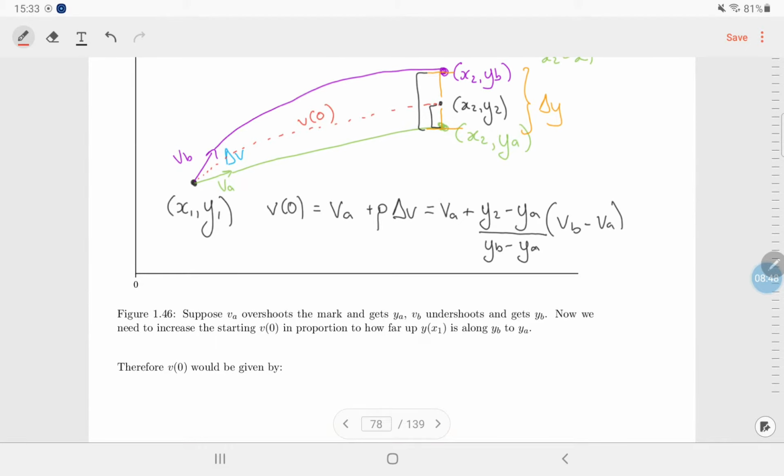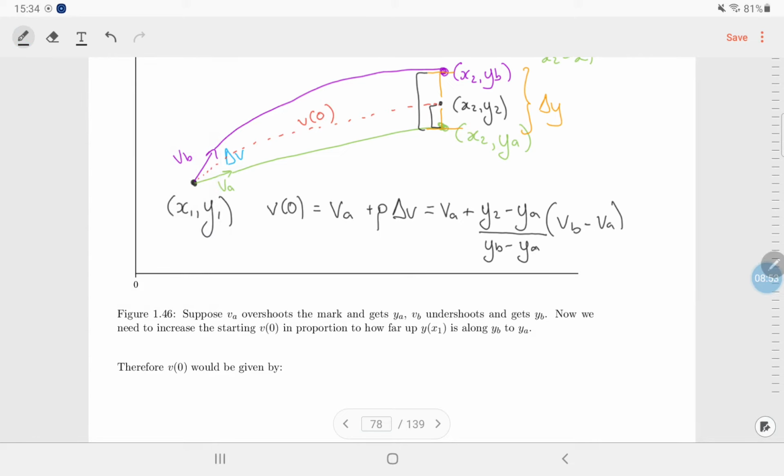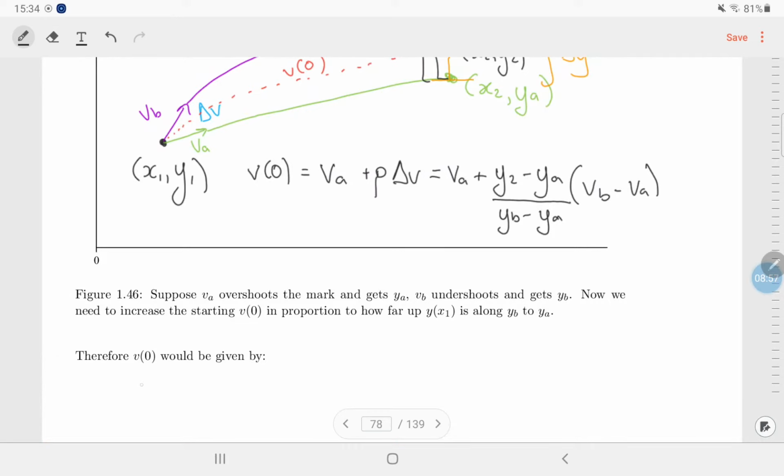So we can write this formula down the bottom. We might see slightly different formulas, but if you swap the A and the B, you get the same thing. Hopefully I can fit it in. So the proper slope is the first slope, which doesn't have to be an undershot. This formula still works if vA is an overshot and vB is an undershot, or if they're both overshots or both undershots.